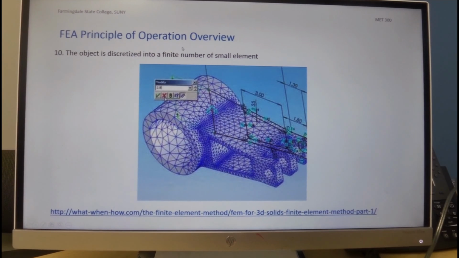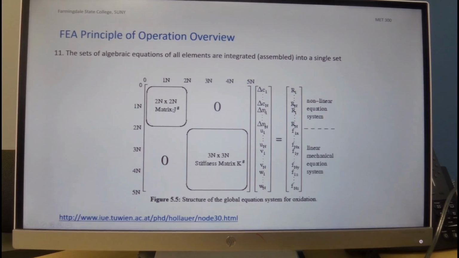When we come to solve the problem, we have to discretize the element, as complex as it may be, into these finite elements, and then we have to integrate all the individual equations into one unique equation in a global coordinate system that relates all the forces on the right-hand side to the unknown variables on the left-hand side, with the stiffness or any operational matrix for the process that we came up with.